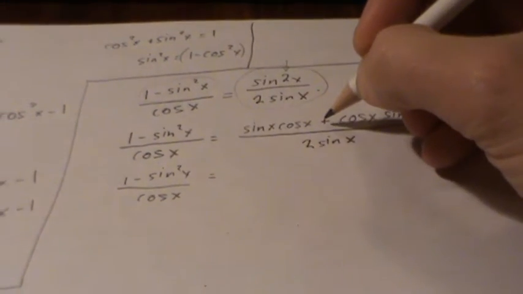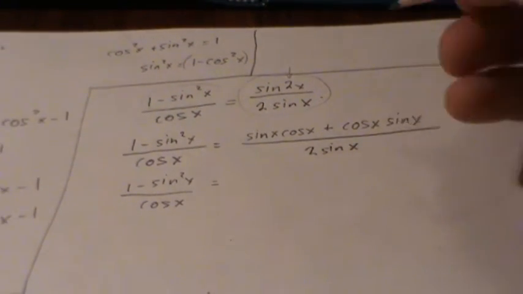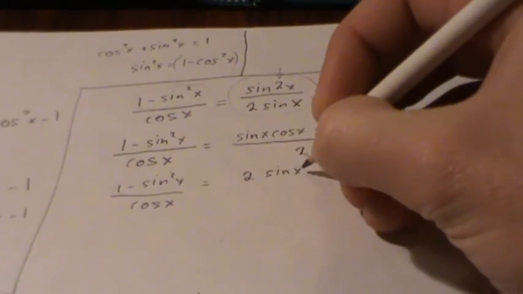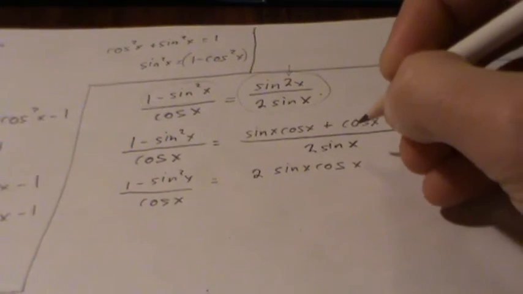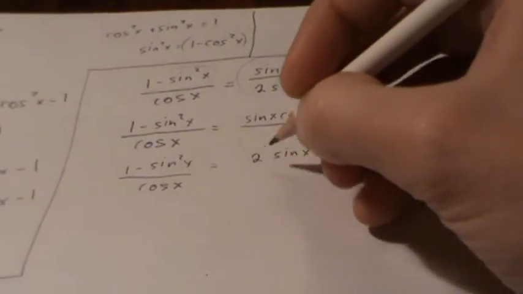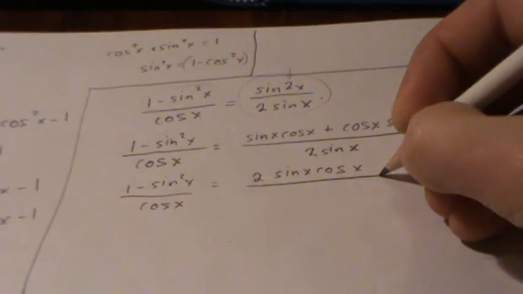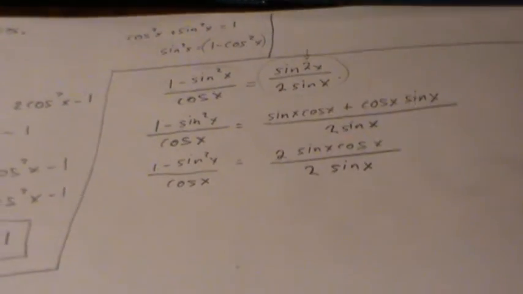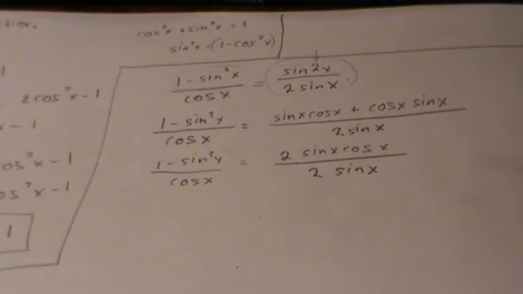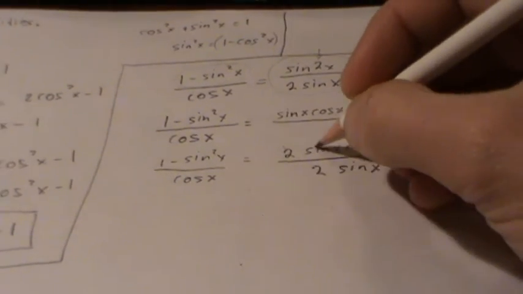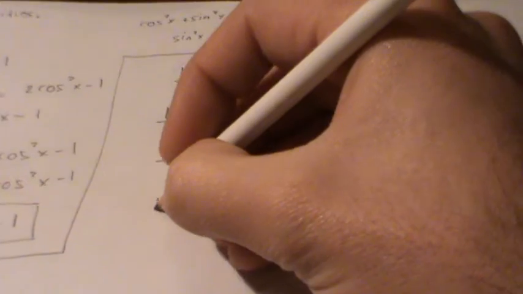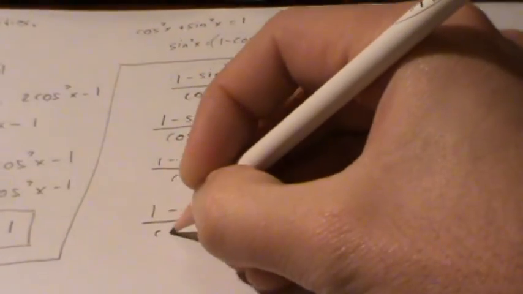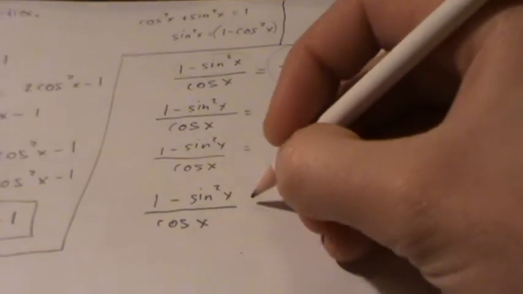Sine x cosine x plus cosine x sine x is actually just 2 sine x cosine x over 2 sine x. Now this 2 and this 2 and this sine will cancel, and I've got 1 minus sine squared x over cosine x.